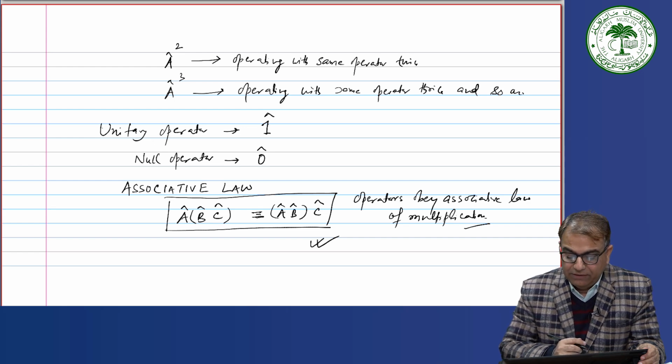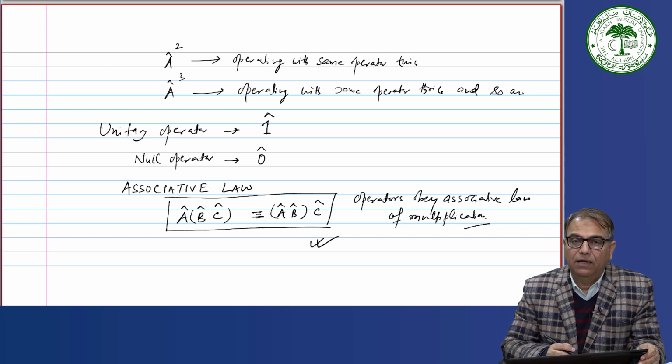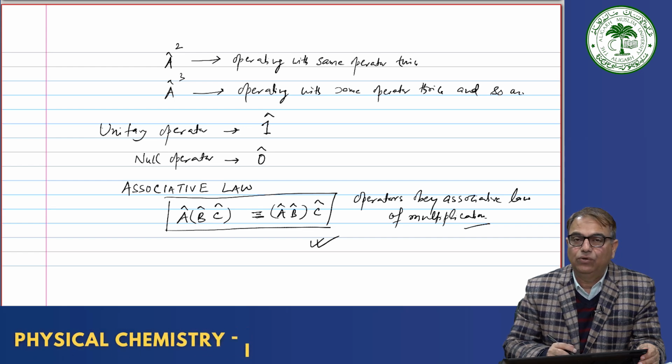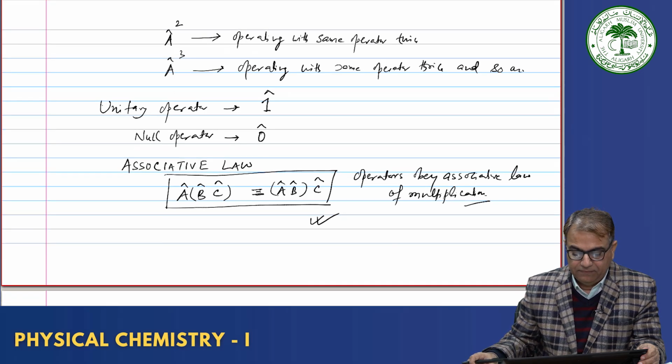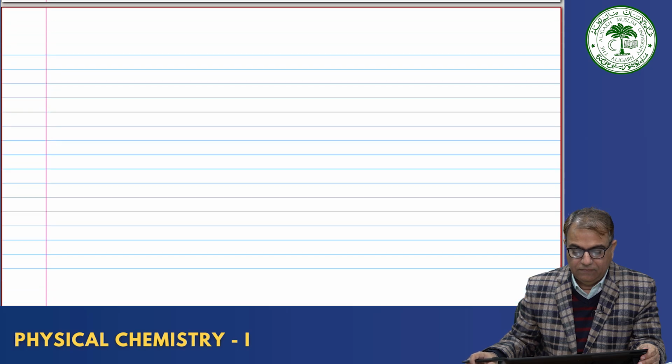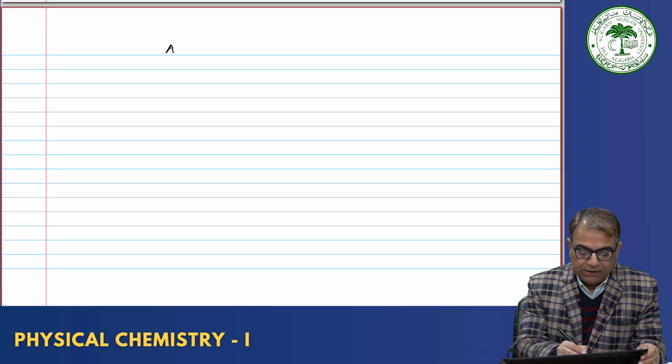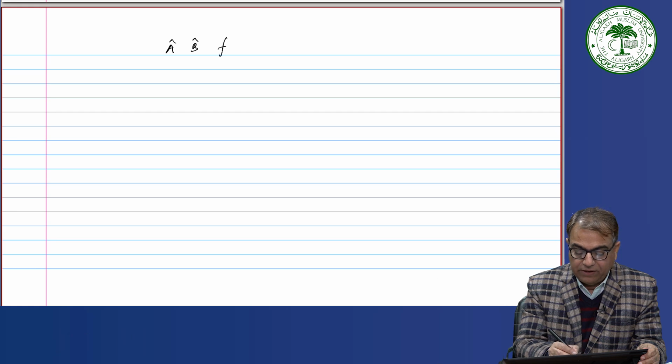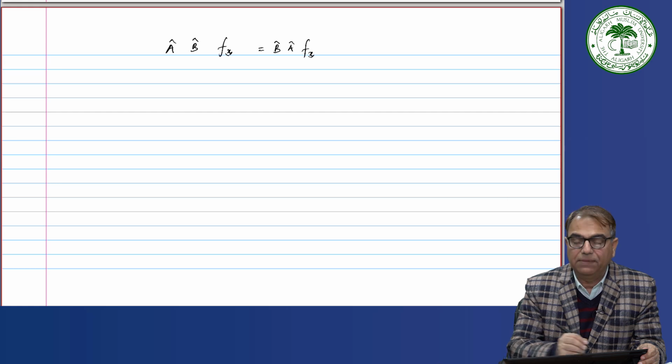Now, the major difference between number algebra and operator algebra is this: when you operate with two operators A and B on a function f(x), and then you operate with the multiplication the other way, B and A, then you may get an equal result and you may not get an equal result.